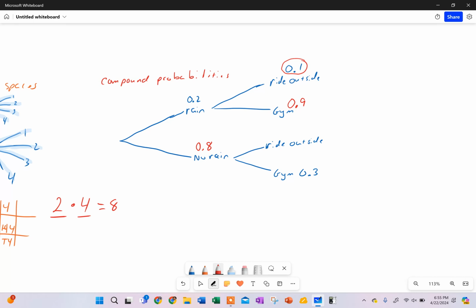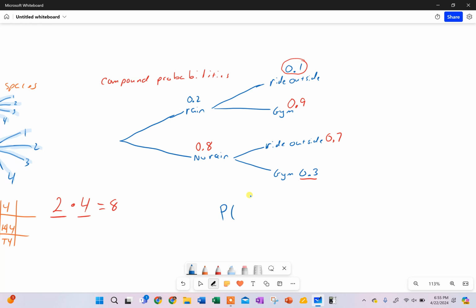If it doesn't rain, the probability that I'm going to go to the gym is 0.3, which means the probability that I'm going to ride outside is only 0.7. So now this kind of depends on what's happening. So what is the probability that I'm going to go to the gym?